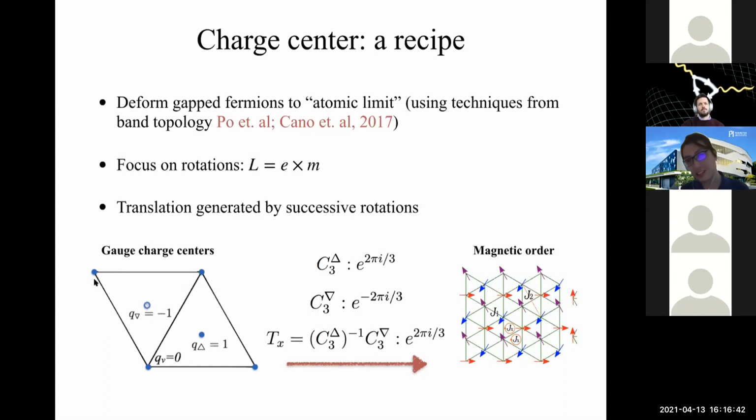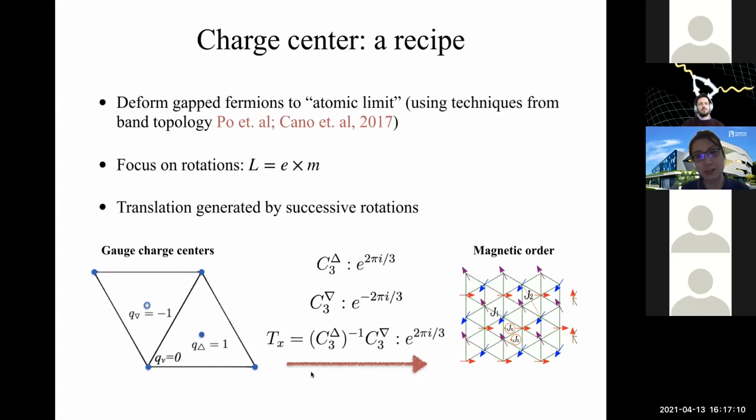Once you get this picture, it becomes relatively easy to figure out how the monopoles transform under various lattice symmetries. For example, if you want to ask how the monopole transforms under C3, meaning a 2π/3 rotation around this upward triangle center, you just realize there's one charge localized at this triangle center.